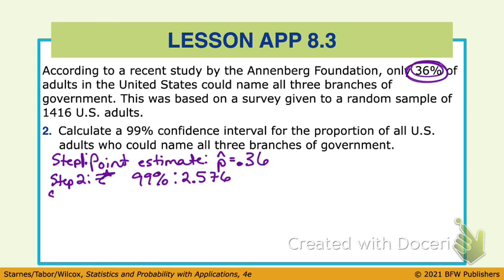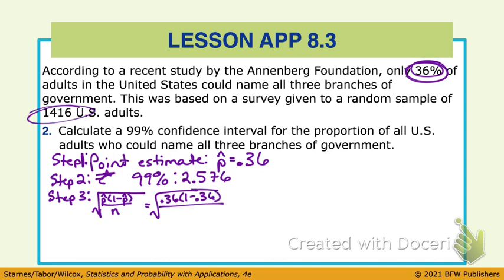Step 3 says to calculate the standard error. The standard error is the square root of p-hat, 1 minus p-hat, divided by the sample size. That is also on your notes on the back side of this problem. So we're going to do the square root of p-hat, which is 0.36, 1 minus 0.36, divided by the sample size of 1,416.